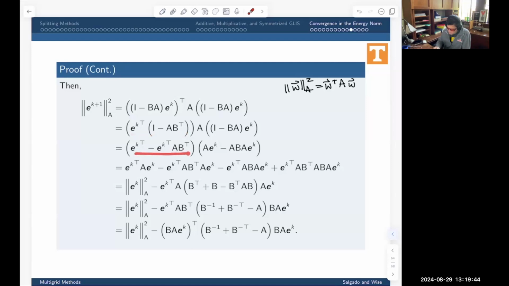And distribute the A through this product, and we have that. Okay, so A times the identity times e_k, that's just A e_k. And then this part here gives minus A times B times A times e_k. All right, let's keep FOILing this thing out and see what we get.